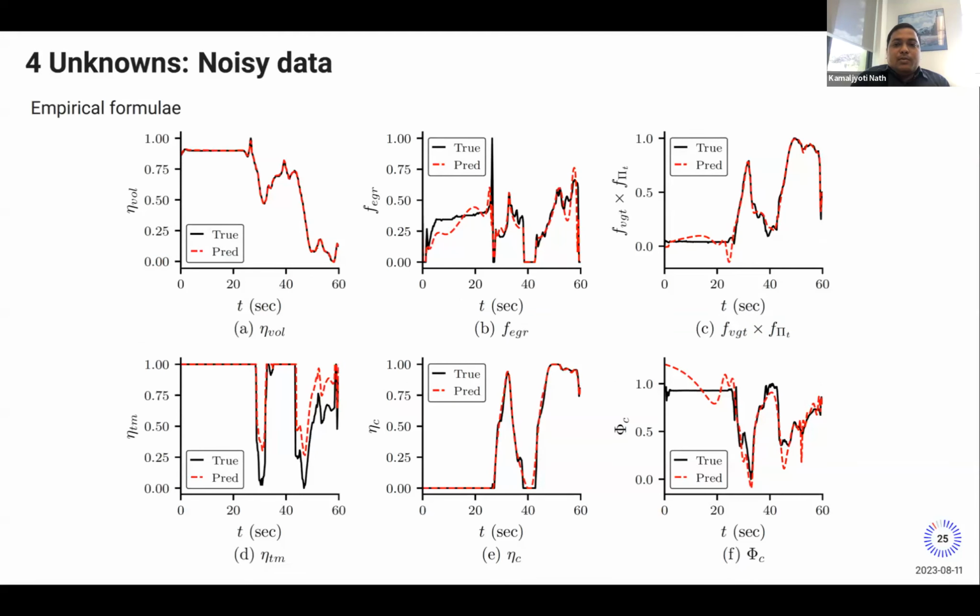Then we have some empirical formula. This is the predicted empirical formula with noisy data. Even with noisy data, we have very good results except this part, but the effect is not that high because the other part is almost matching.